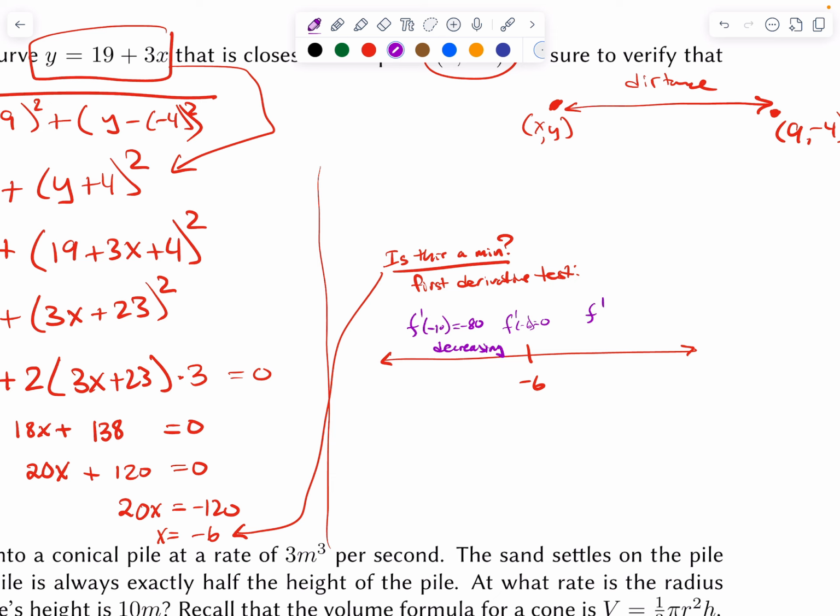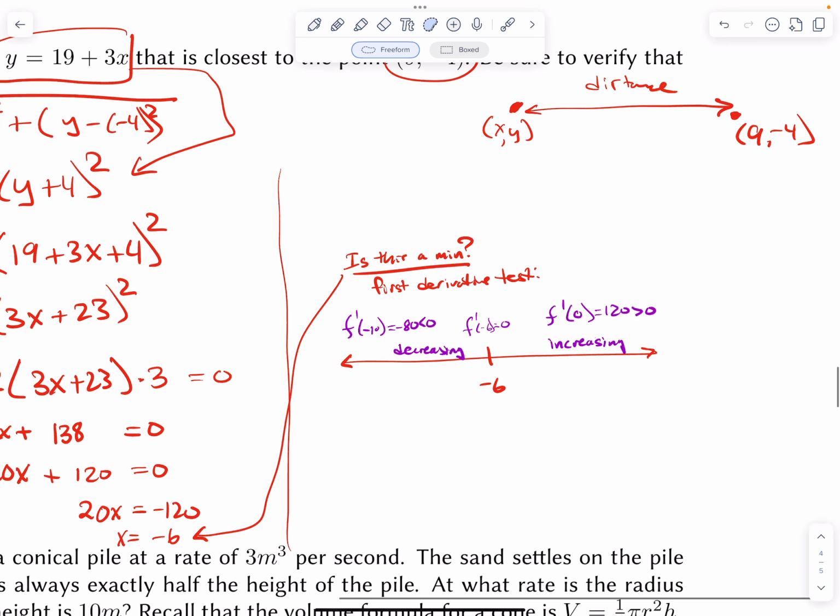And then f prime of something like 0 is equal to 120, so this is increasing. Less than 0, greater than 0. Let me separate these a little bit. Okay, there. So since this is decreasing then increasing, this will be a minimum.